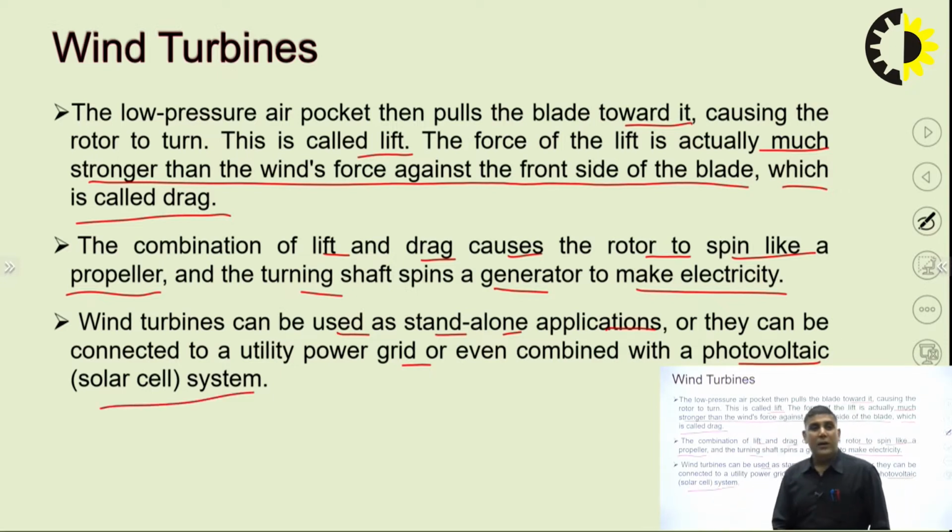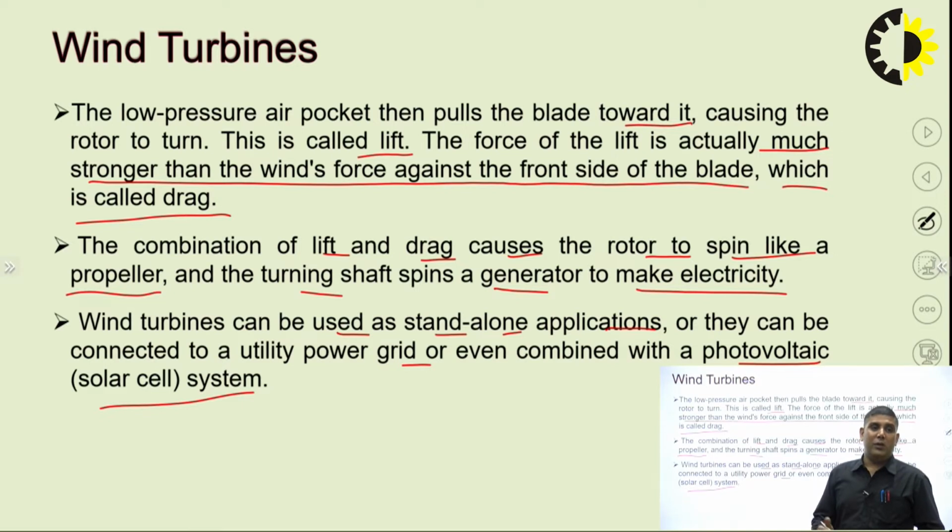As we have discussed in our previous video lectures, solar and wind are all types of renewable sources of energy, or you can say green energy, future energy concepts.